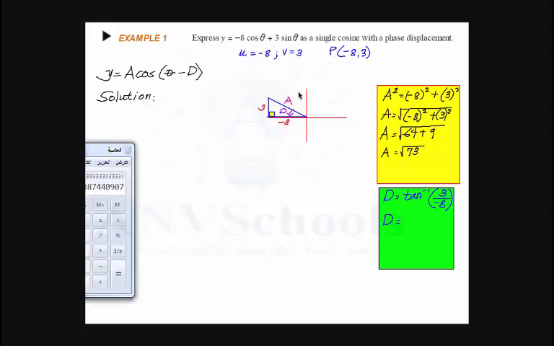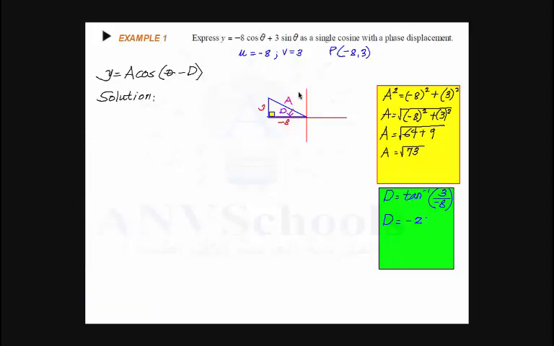We have 3 divided by negative 8, that would be negative 0.375, inverse tangent, so that would be negative 20.556. And negative 20.556 is actually in the fourth quadrant, so we have to reflect it. Let's approximate it to negative 20.56 degrees.